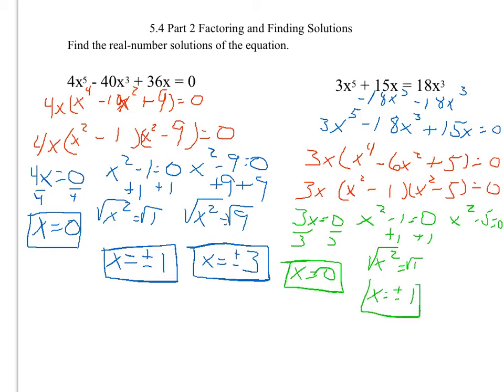And here we'd add the 5, and so x squared equals 5. And then we square root. So x equals plus or minus square root 5. Again, the degree of this polynomial is 5, so we should have 5 answers. We have 1, 2, 3, 4, 5.